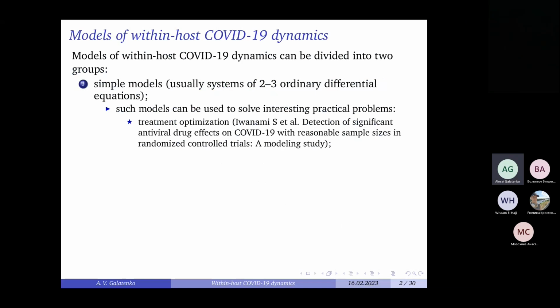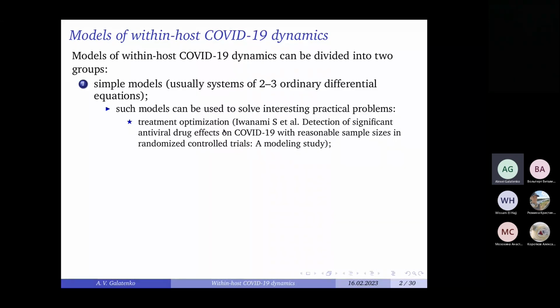Why is this problem interesting, especially from the practical point of view? Well, there is a number of simple models which consist of two or three differential equations that describe the disease dynamics and give the researchers an opportunity to find answers to some interesting questions.